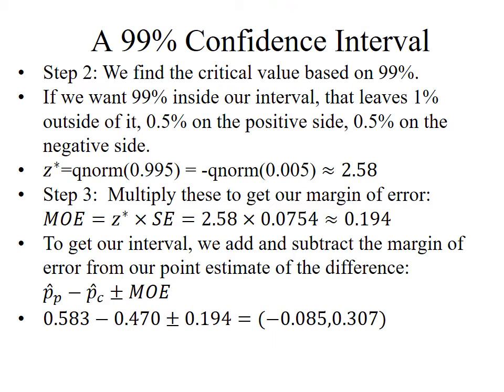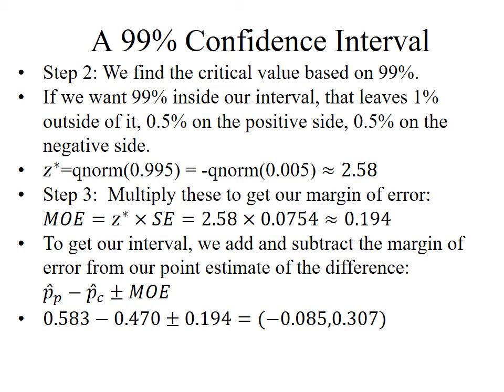So here's the logic again. We want a 99% confidence interval, so I want to capture 99% of the normal distribution inside my interval, and I want to leave 1% outside of the interval. So I want to leave 0.5% on the positive side, 0.5% on the negative side. So I go to my good friend R to calculate my Z star value, my critical Z value.